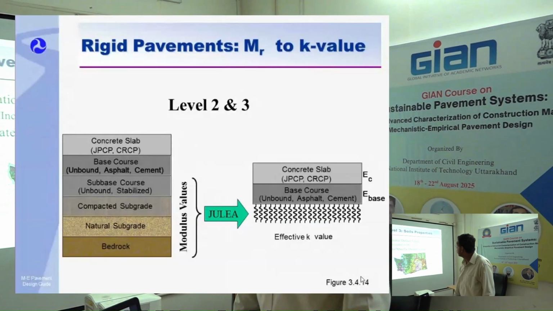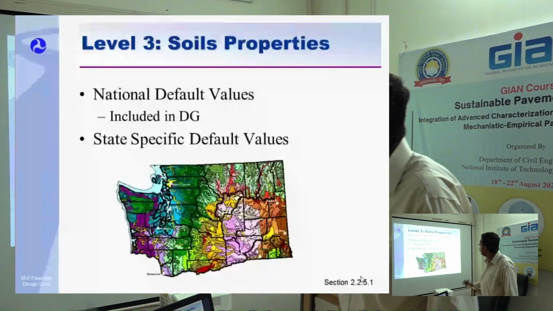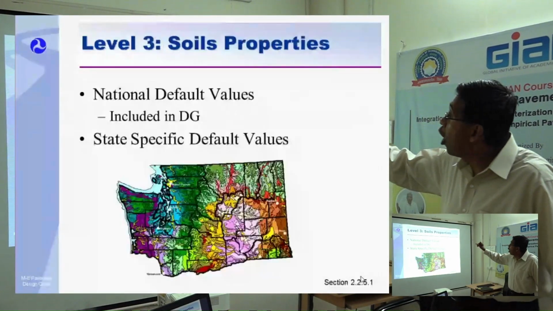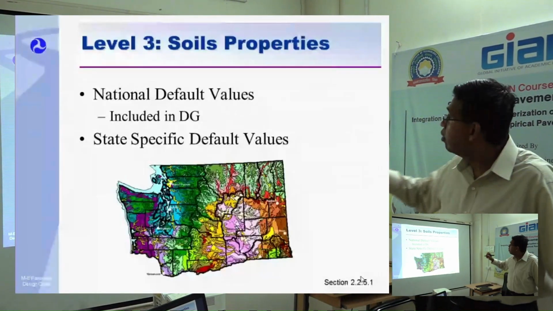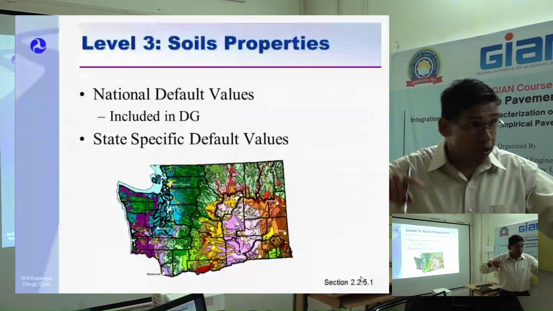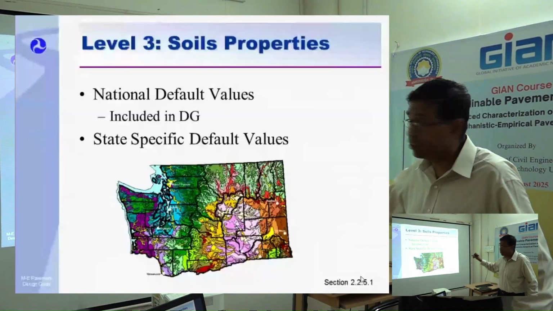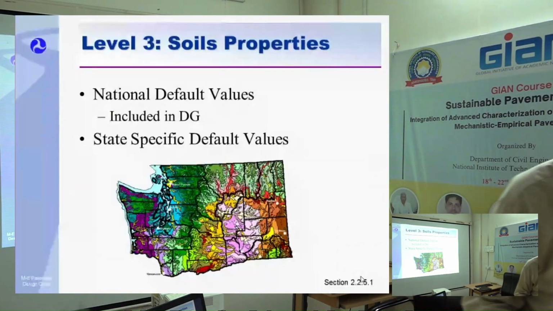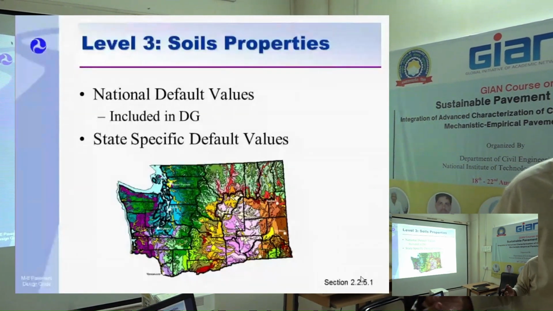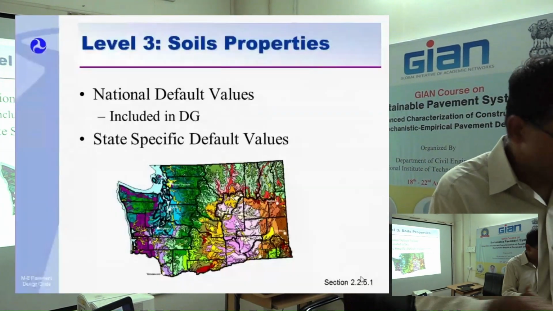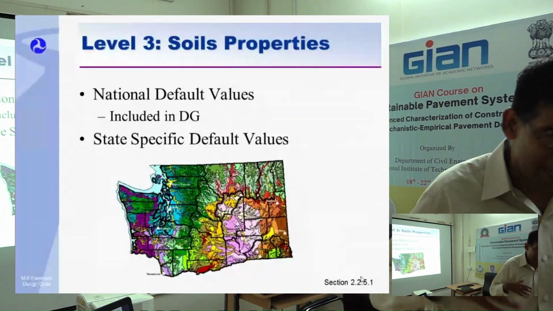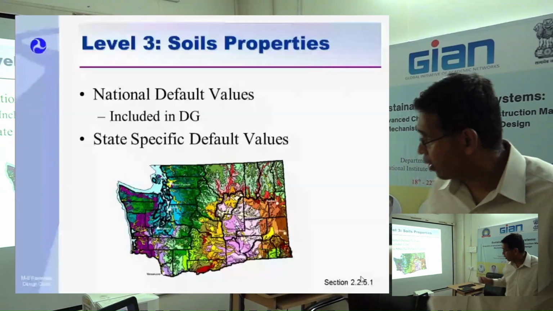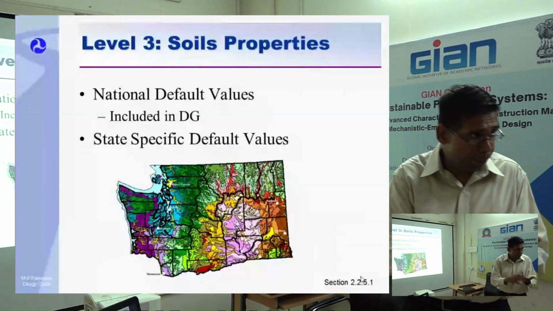And then you have the modulus values, natural default values. Now, if you don't want to measure soil properties, you can take soil classification. The Government of India has the soil classification of the whole country. So you can take by soil, like CH, CL, ML, all the soil classification based on gradation, PI, liquid limit, plastic limit.